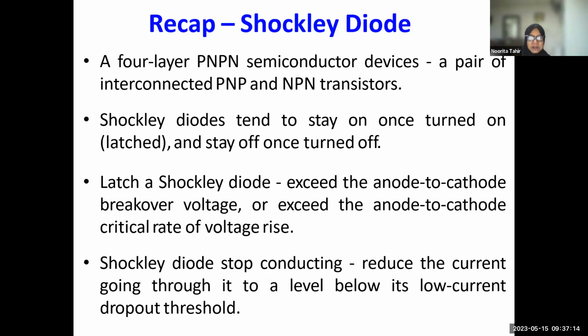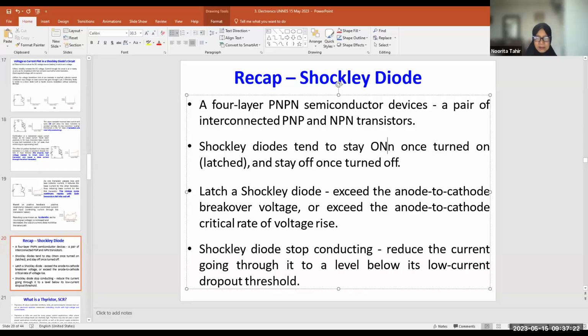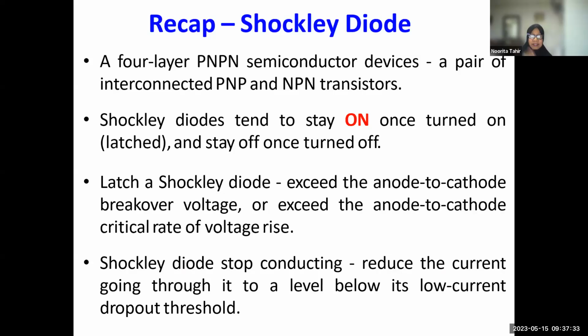So Shockley diodes tend to stay on, maknanya stay on, activate, ON, once turned on, once it is latched, and stay off once turned off.